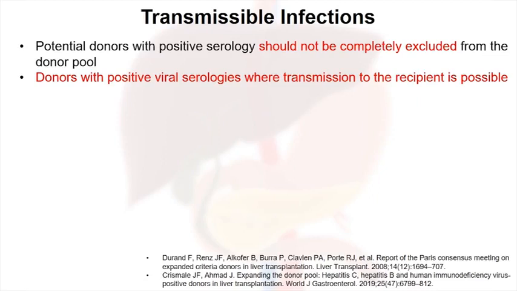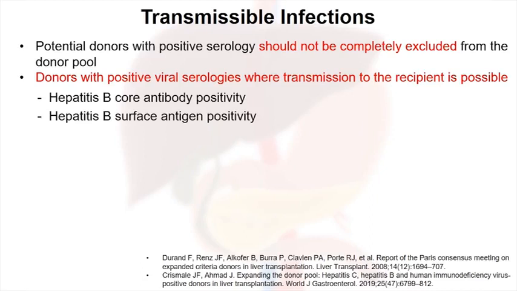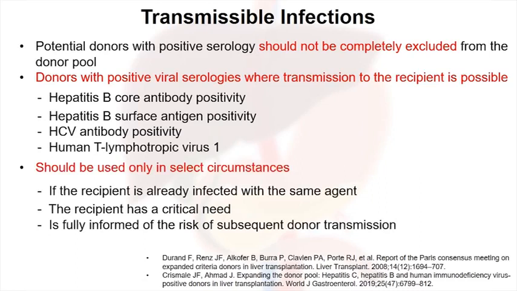And if these organs are used, then consent and counseling are very important. It is hepatitis B core antigen positivity, HBsAg positivity, hepatitis C virus antibody positivity, and HIV positivity. These are the four situations we are talking about.